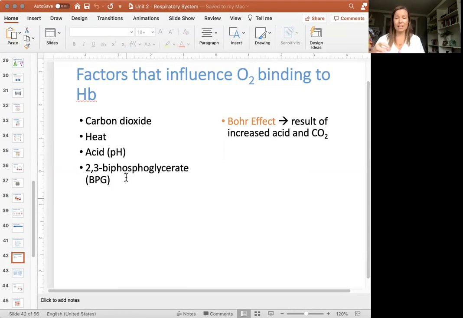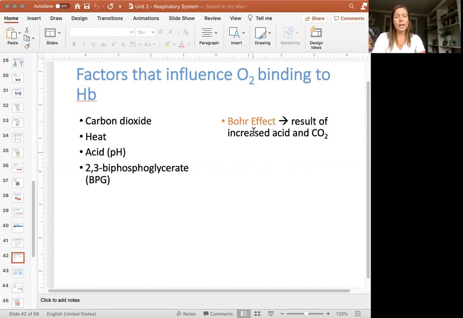And then once it has unattached from hemoglobin, it's going to move into the closest cell or tissue. So basically these four things, whenever they increase, they affect oxygen's ability to bind to hemoglobin. So it causes oxygen to break away from the hemoglobin.